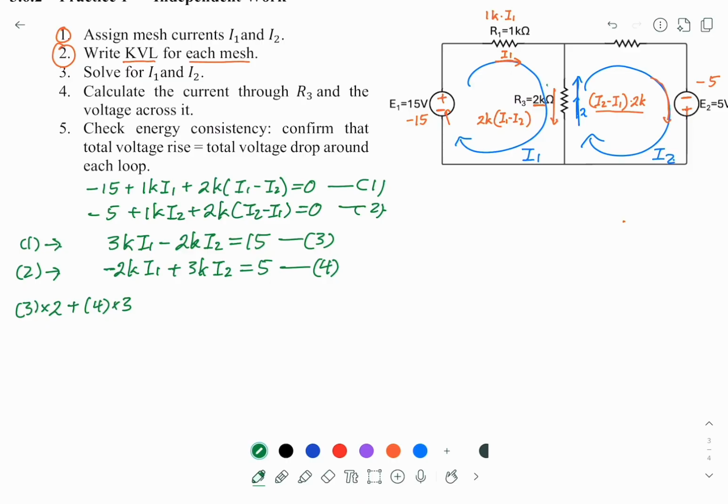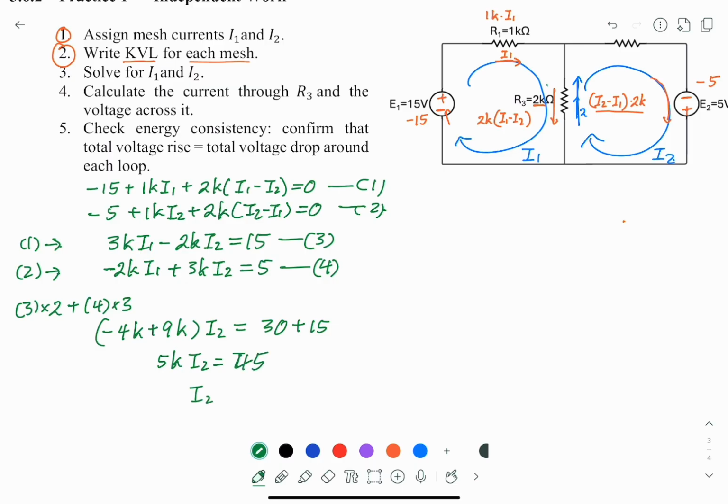The second term, we will have minus 4K plus 9K I2, which is 5K I2, and on the right side 30 plus 15, which is 45.